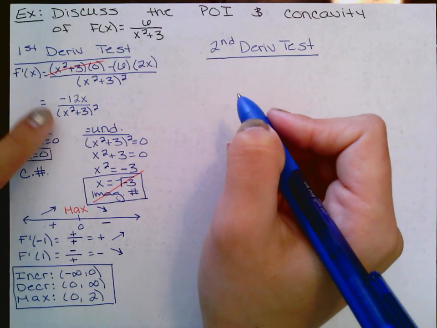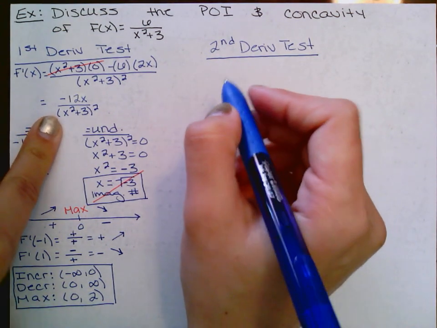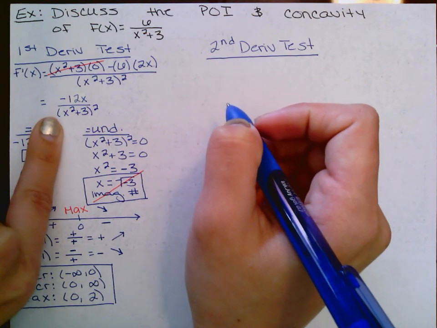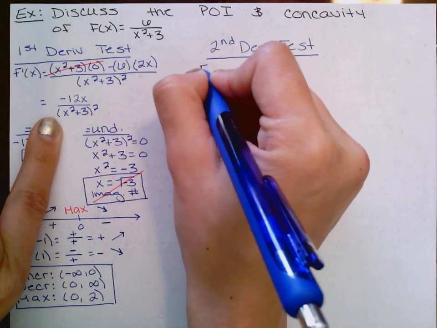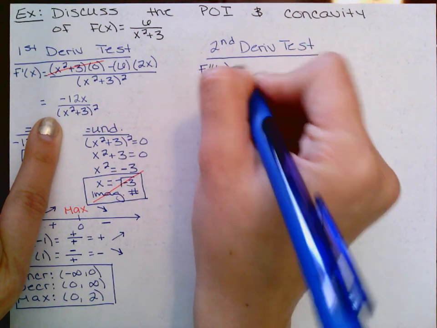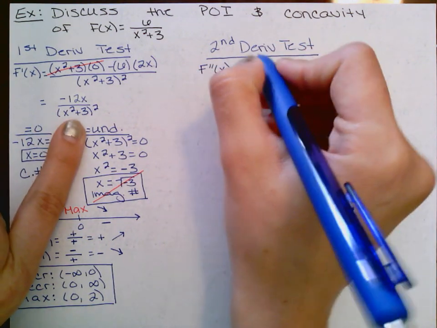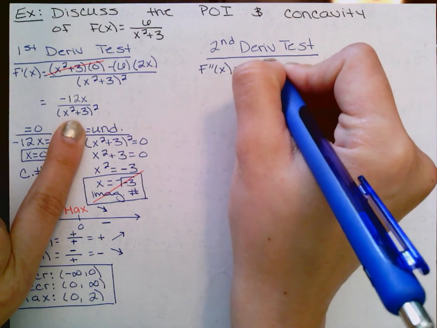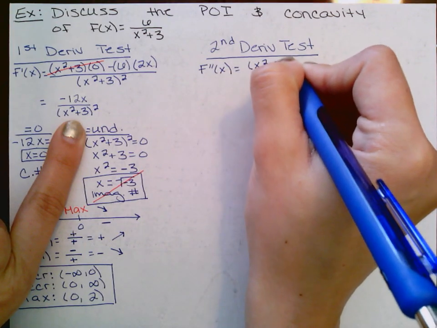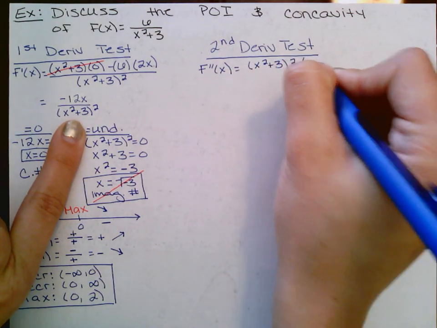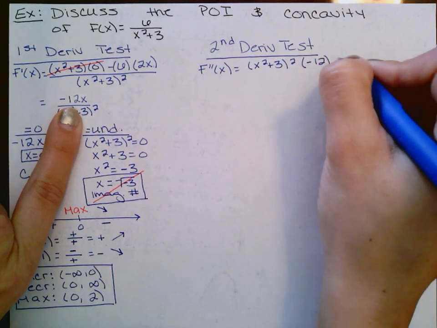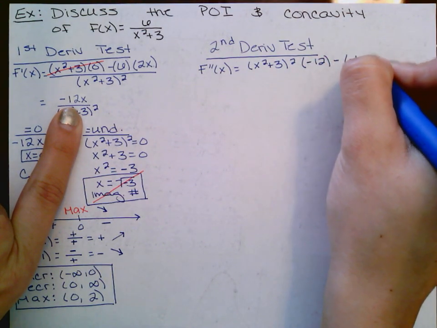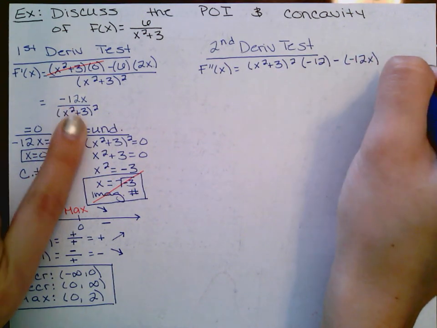So if this was my cleanest version of my first derivative, that's what I'm going to have to work off of. So I have low d high minus high d low.